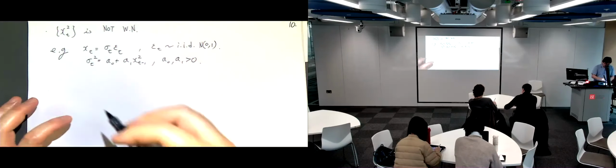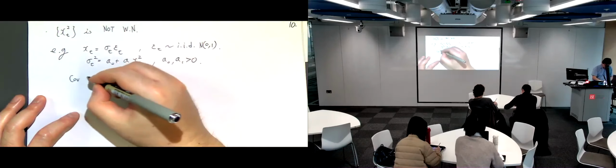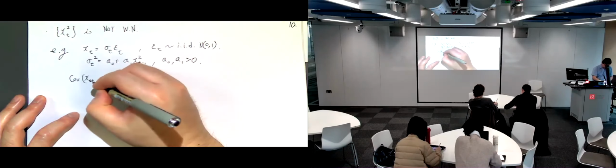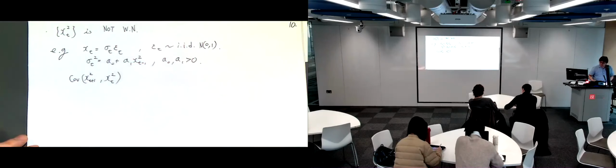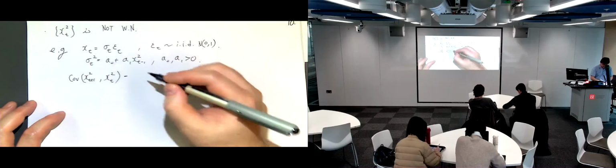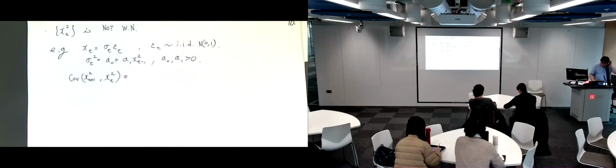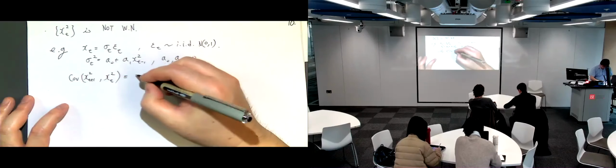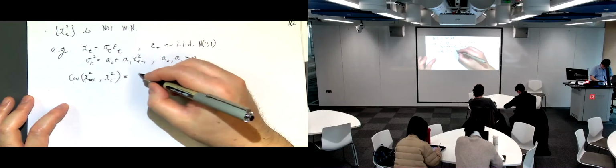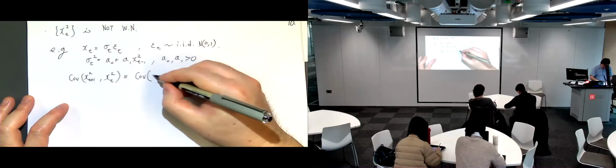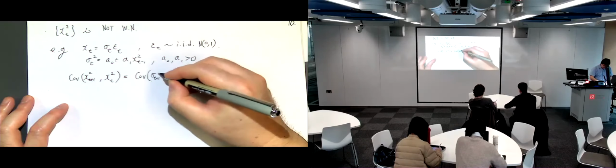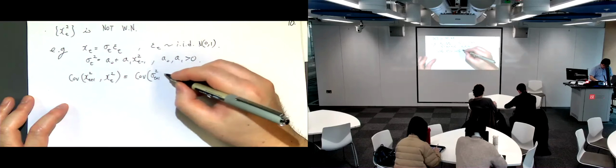Now for this ARCH 1 model, let's consider the covariance between xt plus 1 squared and xt squared. Okay? So it equals the covariance. Let's expand the variable that has the more positive time index.